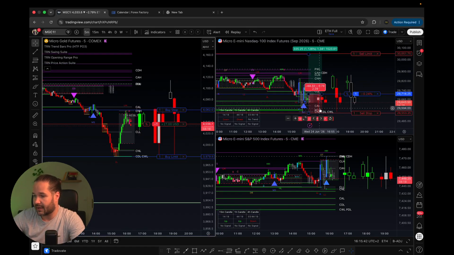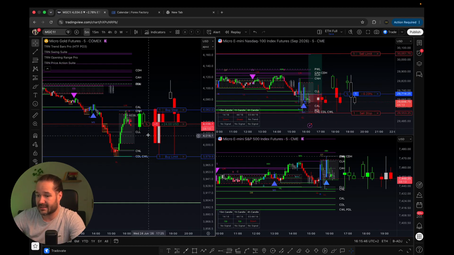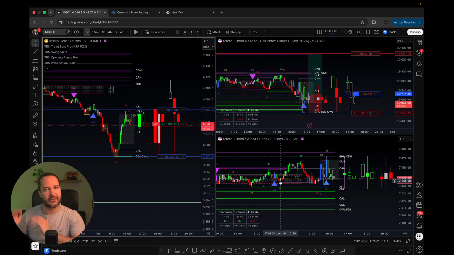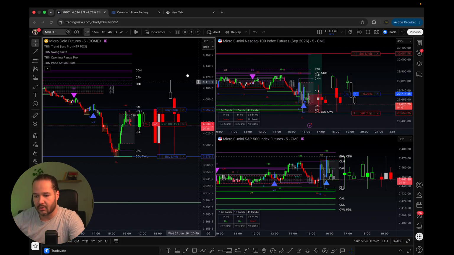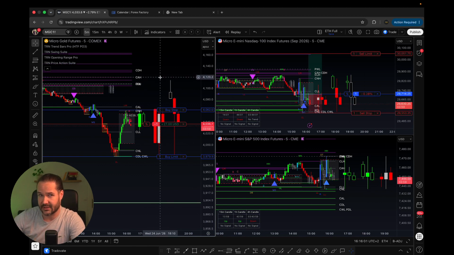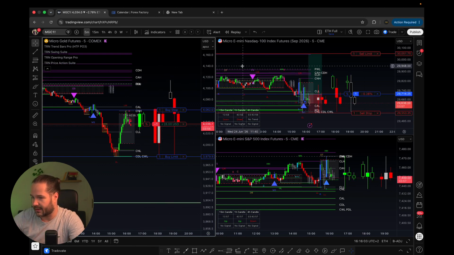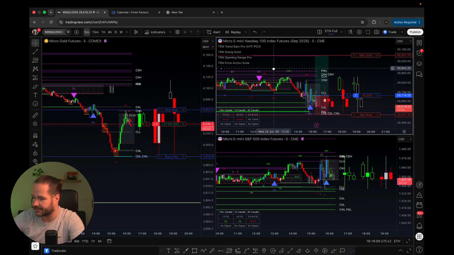And even if I'm getting stopped out here, it doesn't mean that I'm getting stopped out on gold at the same time, because gold and NQ are not correlated like NQ and ES, which are most of the time moving in the same direction. Gold can also do the complete opposite of what NQ and ES are doing. So that's why it's a great hedge here.